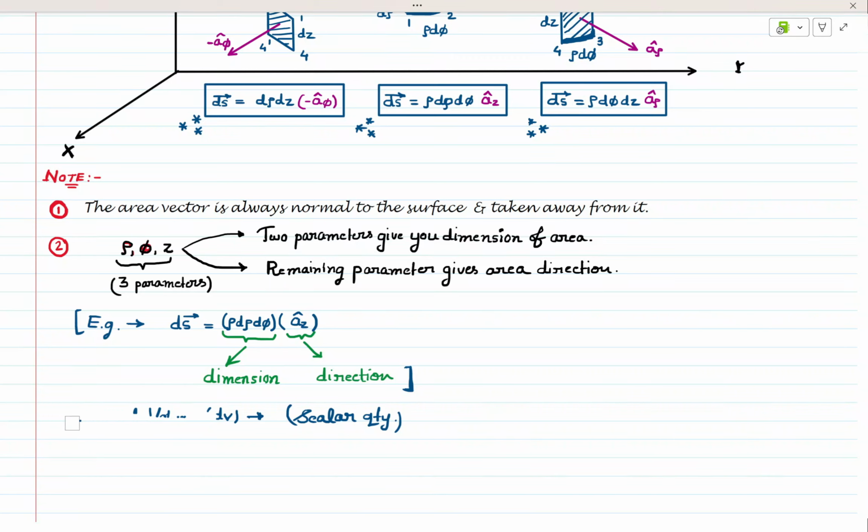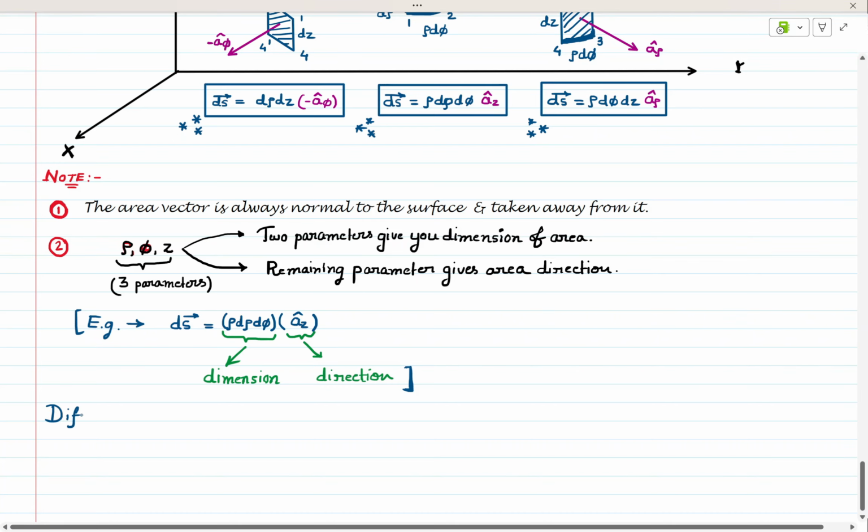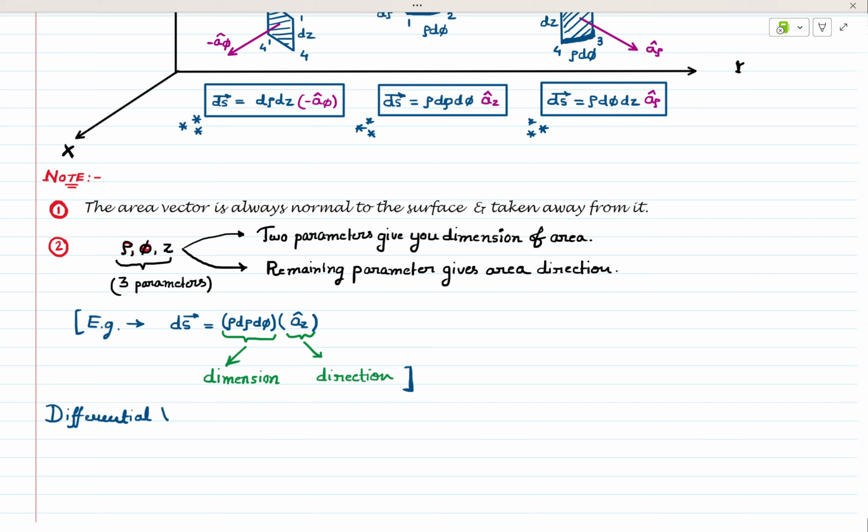Oh, so dirty handwriting I have. Just a minute. And volume is what? Volume is a scalar quantity. That's why I have written dV over here. And that is the scalar quantity.